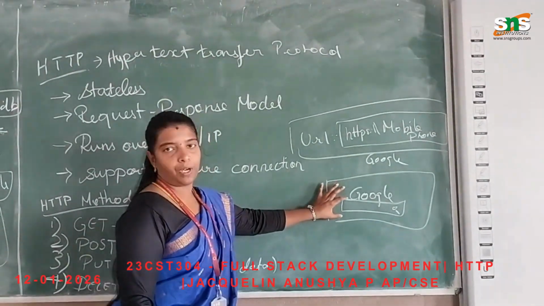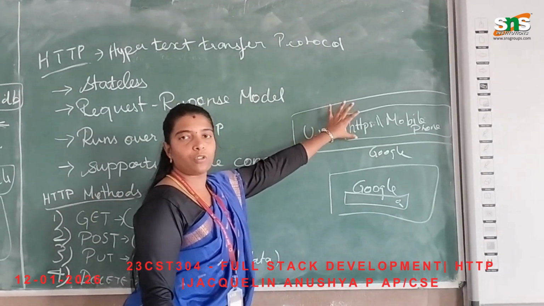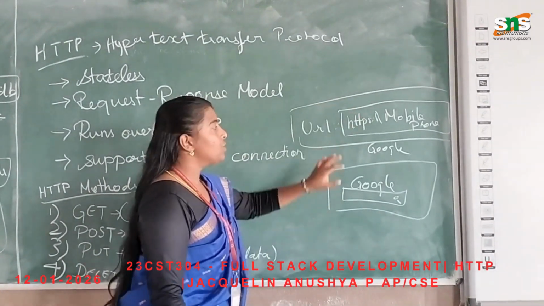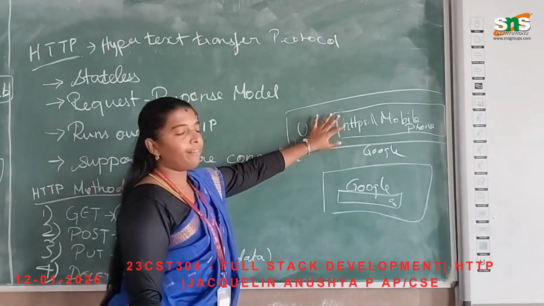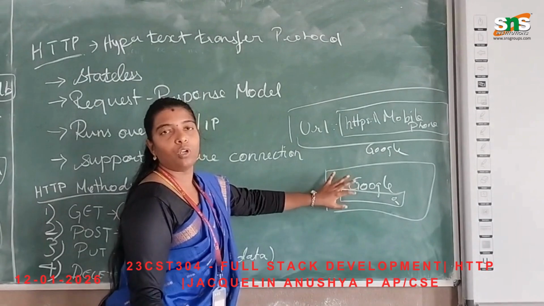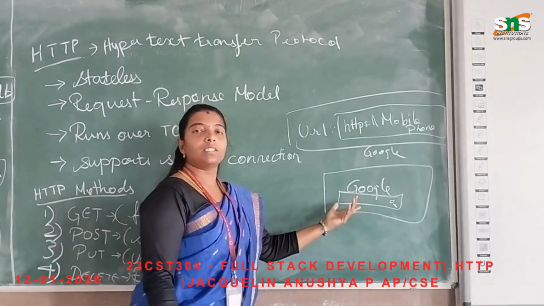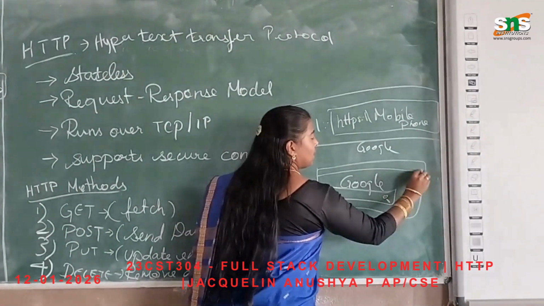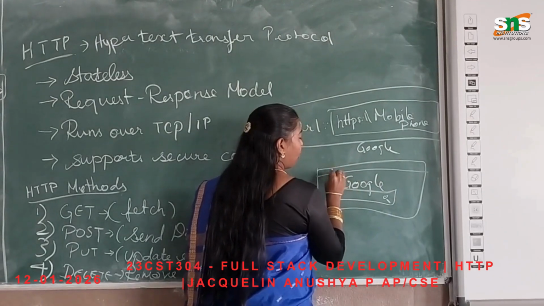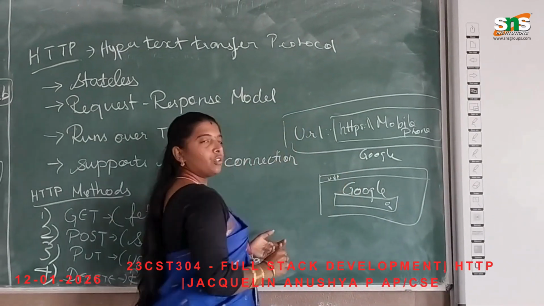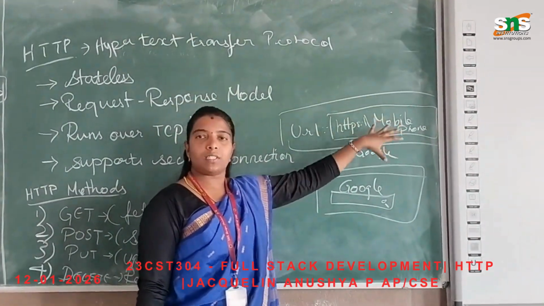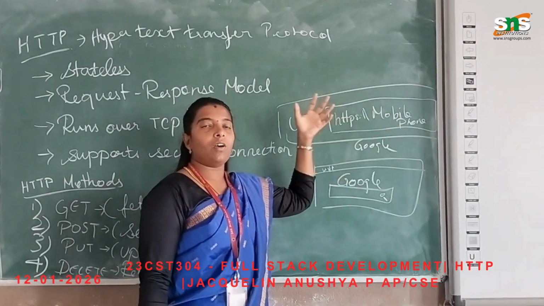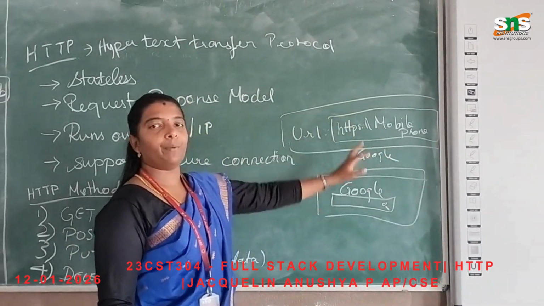This is a search bar, but it is not a Uniform Resource Locator which has HTTP. In the box on top of your bar you will have HTTP, whereas in Google you will have directly only the search bar. But above the search bar you will have your URL locator. So HTTP is the main reason you can connect with your server or database or anything. So this is your main database.